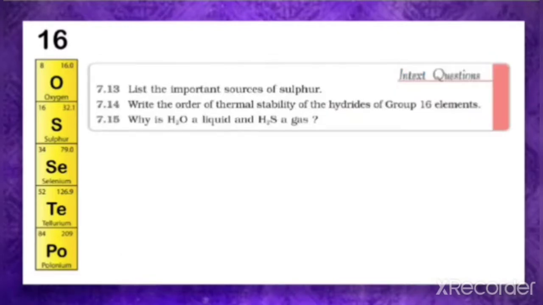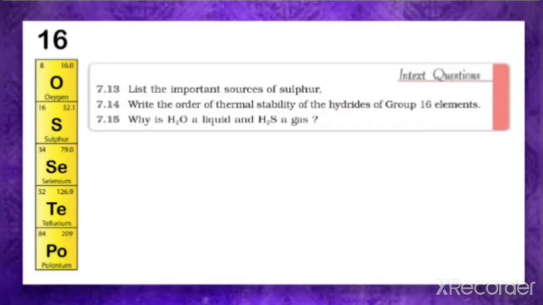Next question: list some important sources of sulfur, which you can easily find in the textbook. From where are the important sources of sulfur? That is the H2S gas released from volcanoes, and there are some other examples also. Write the order of thermal stability of hydrides of group 16 elements.